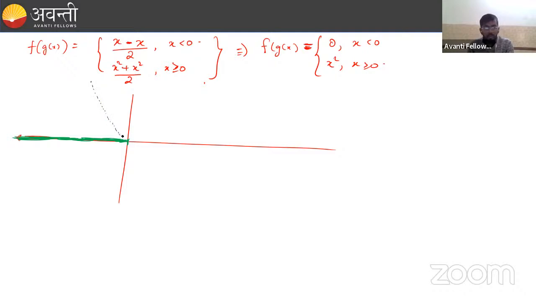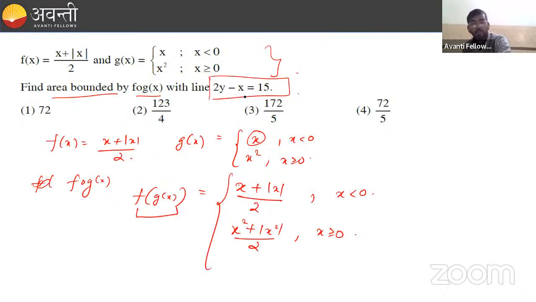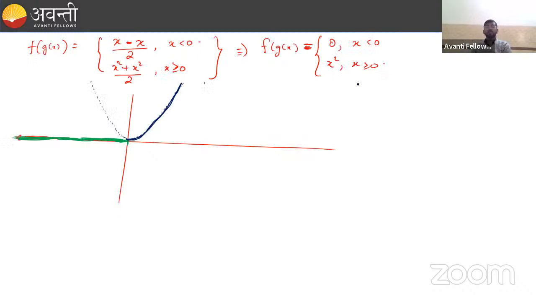It is a parabola passing through the origin, right? So for x positive, we will only consider this graph.